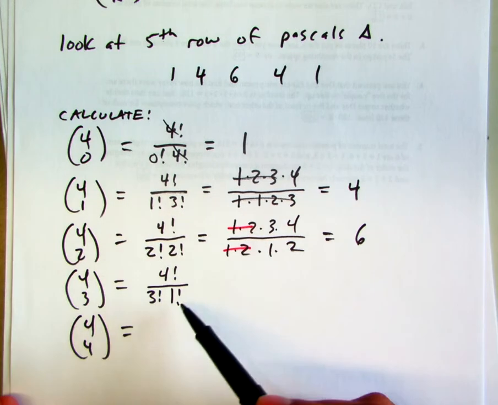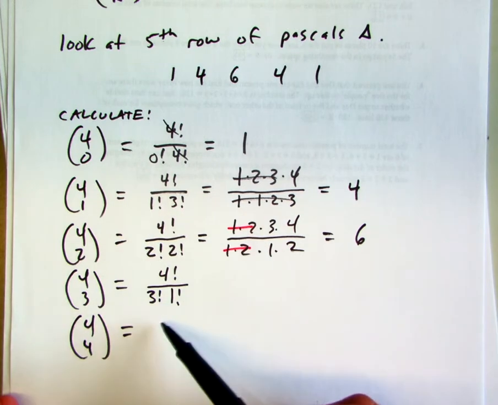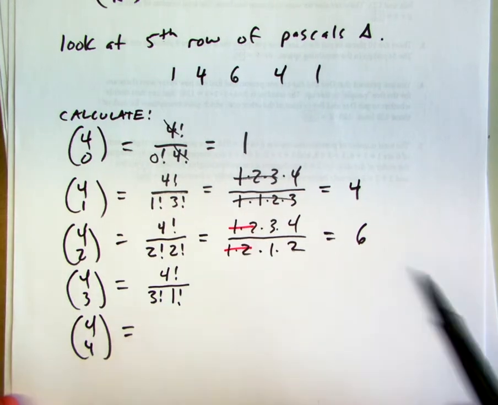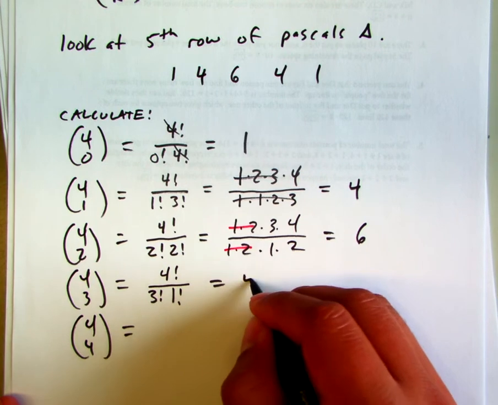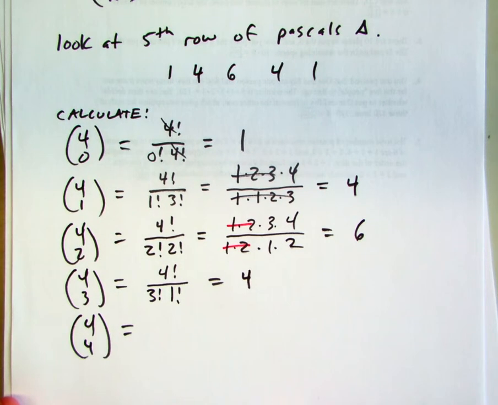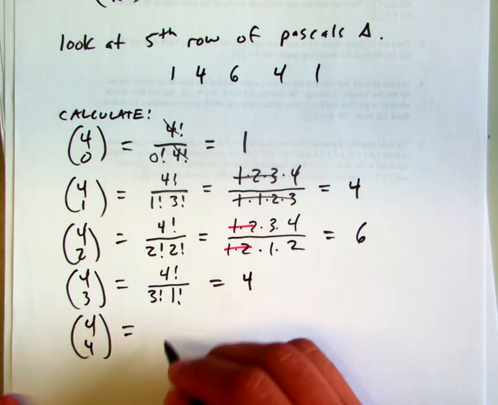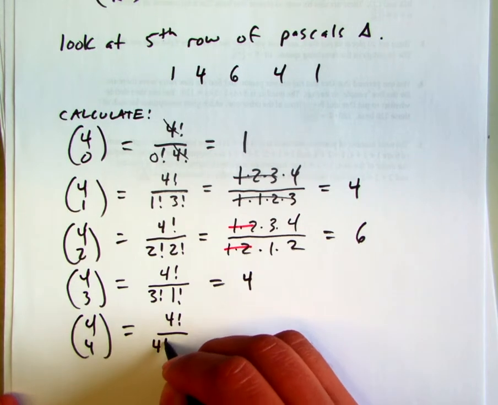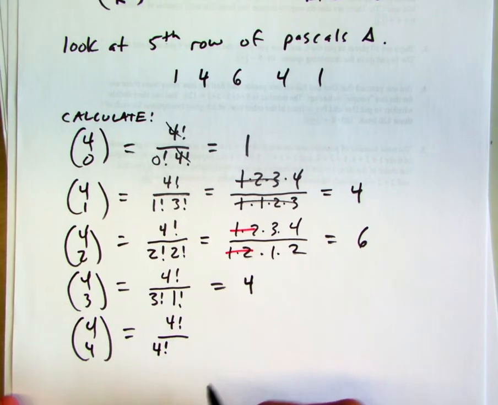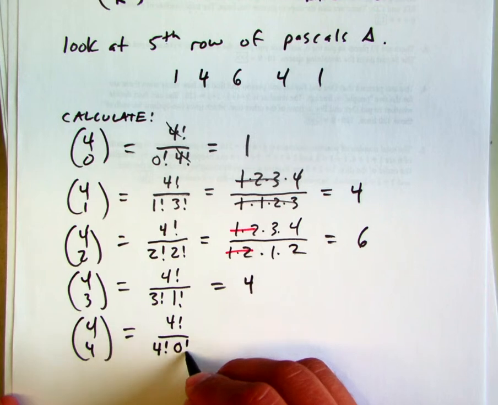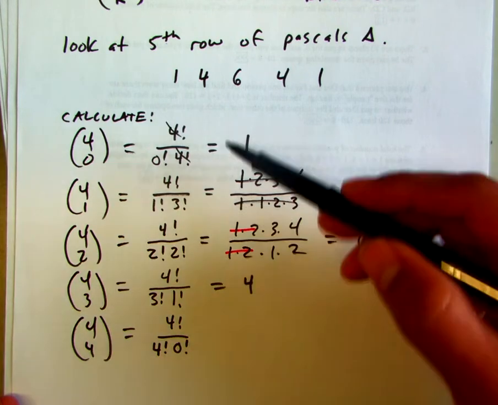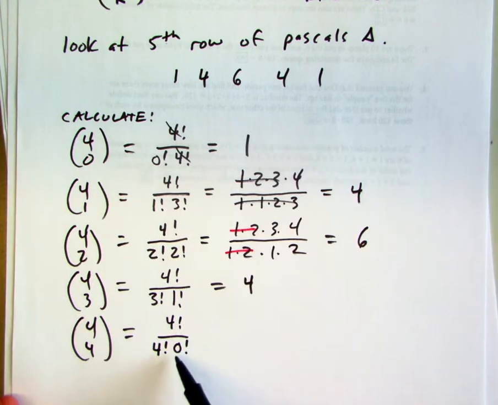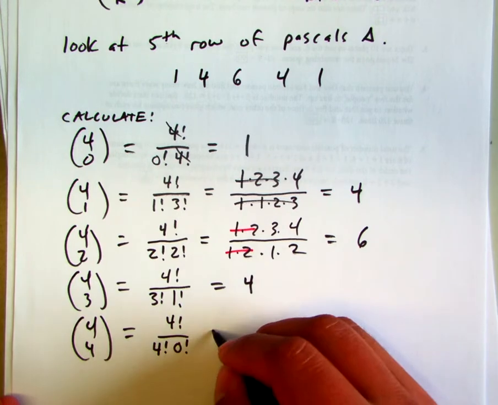It's just the numbers are flipped on the bottom, and that's not going to change anything. So can we agree the answer is 4? Okay. 4 choose 4 is 4 factorial over k is 4, so 4 factorial, and now n minus k is 0, which is identical to the first one. Again, the denominator is flipped, but that doesn't change anything. The answer is 1.